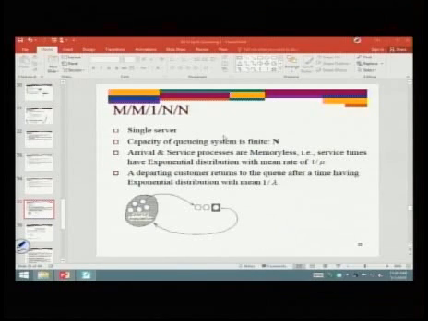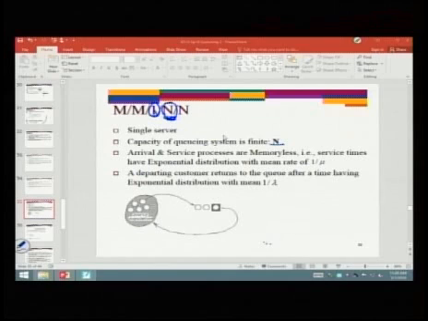So here, this indicates single server, right? And this fourth characteristic indicates the capacity of the queuing system is N. And this number N includes the customers currently being served, right?